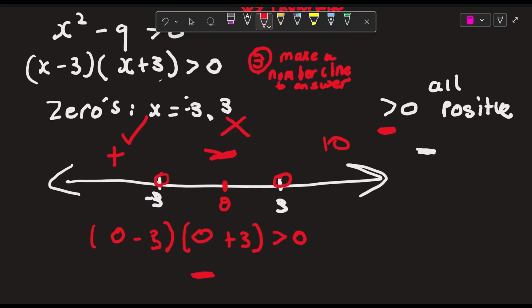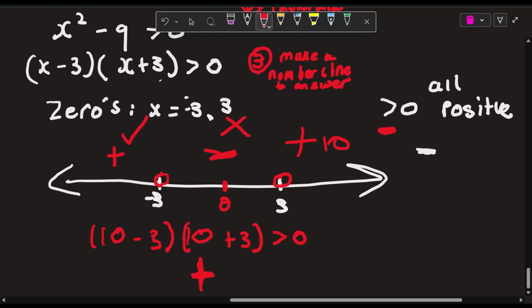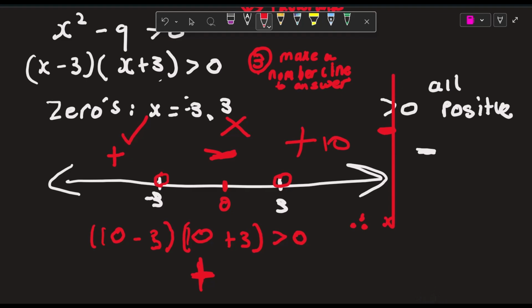So now let's focus on the very right side. If we were to choose, for example, 10 and substitute it into the equation, we're going to get 2 positives. So that means from 3, but not including 3, to positive infinity, we're going to be able to use any of those numbers. So that area works.